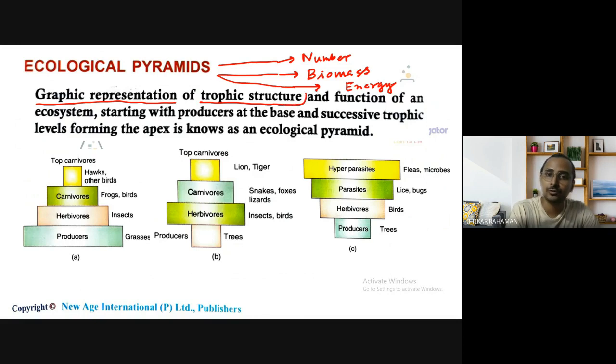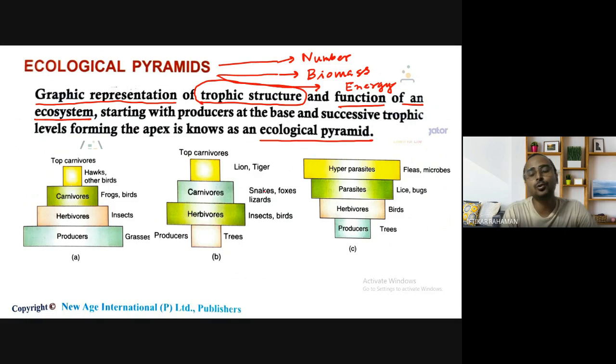We have already known what a trophic structure is, right? আমরা already জানি trophic structure কি। So graphic representation of trophic structure and function of an ecosystem. একটা ইকোসিস্টেমের গ্রাফিক রিপ্রেজেন্টেশন কিসের? ট্রফিক স্ট্রাকচারের এবং ফাংশনের। ট্রফিক স্ট্রাকচার যেটা আমরা জানি অলরেডি, ট্রফিক লেভেল, ডিফারেন্ট ট্রফিক লেভেল থাকে। There are several trophic levels. So those trophic levels, how they are present and how they are functioning, we need to represent in a graphical manner, and that is known as ecological pyramid.